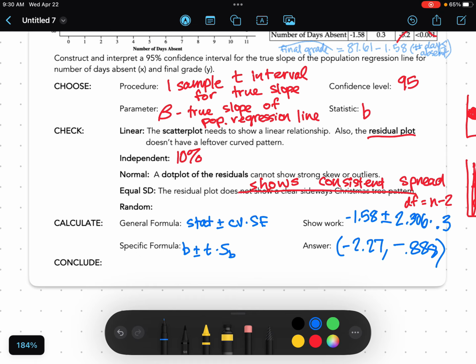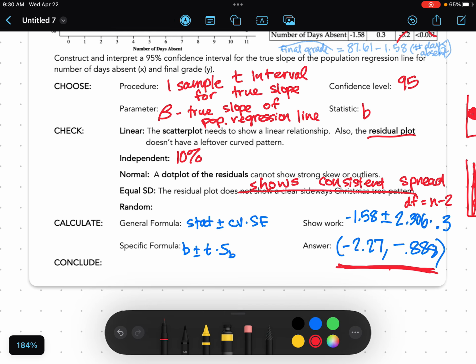Or what if I ask, is there a negative relationship? Because this interval is negative, we have significant evidence that the true relationship has a negative slope. Yeah, we expect it to decrease your final grade on average when you're absent more. Shocking. Wow. That's crazy that being gone a lot would decrease your grade.